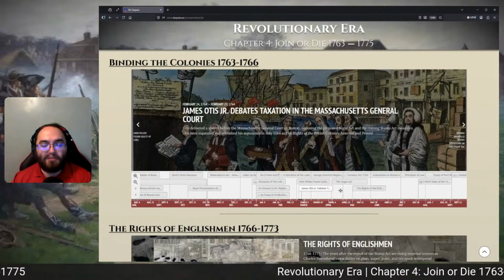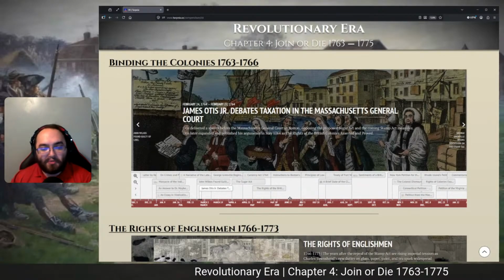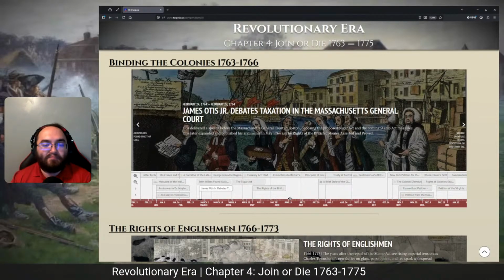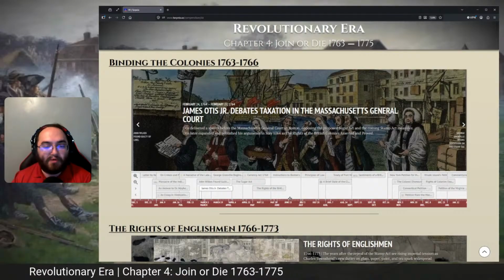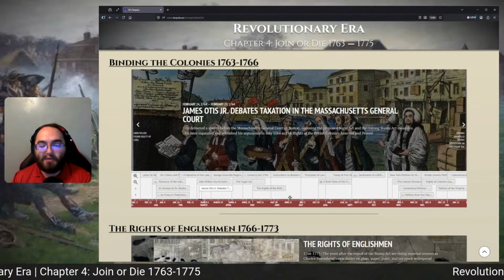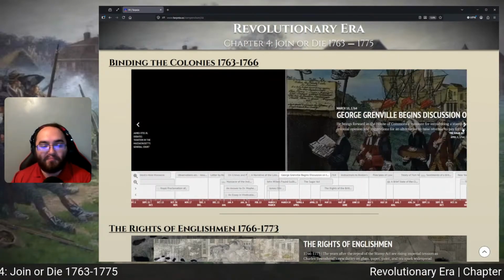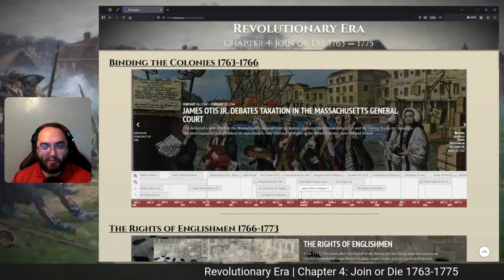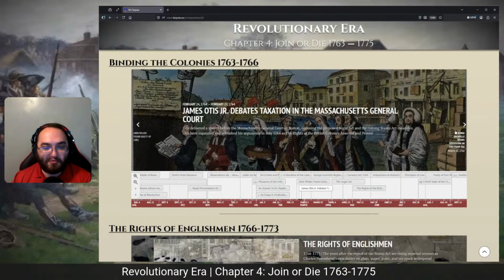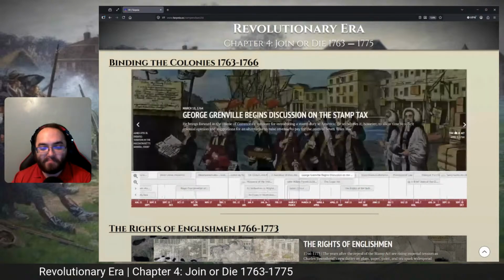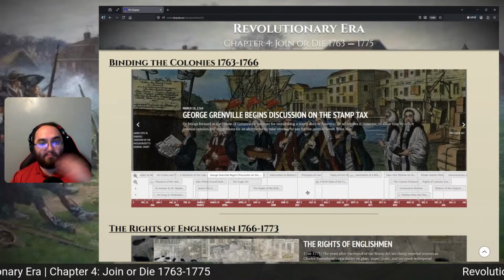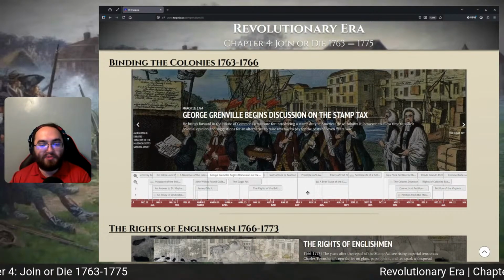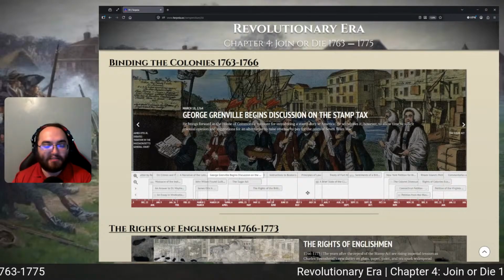And so this is now from the local to the General Court of Massachusetts in Boston, which is the colonial level. And James Otis Jr. becomes a very important early founder, early patriot. George Grenville, the prime minister, begins to discuss the stamp tax.